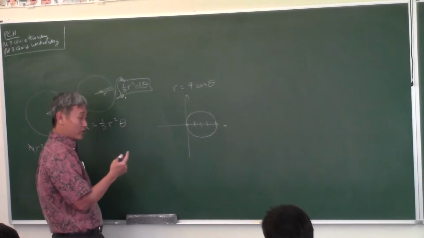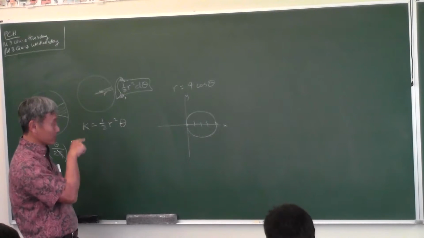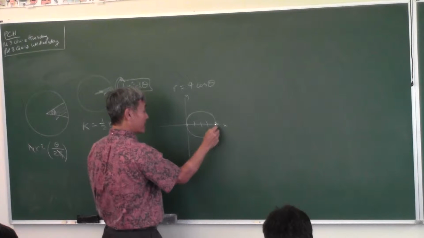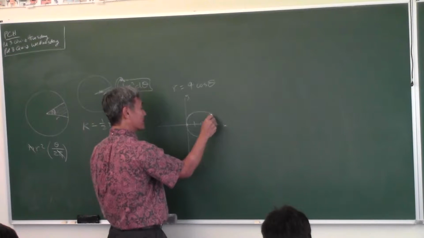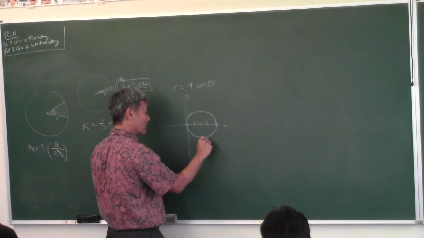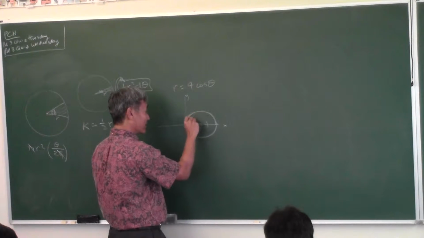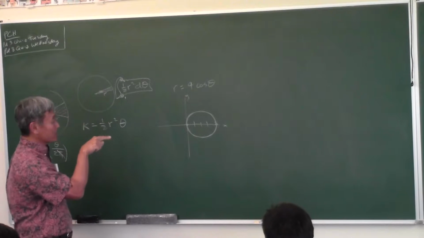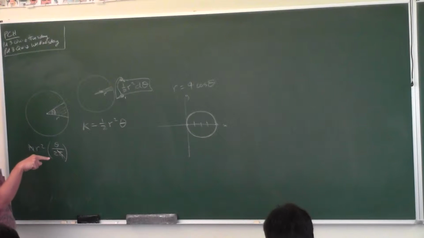And remember, if you graph it from 0 to 2 pi, it actually goes around twice. You know why? Because look, theta is 0 here. Theta is 0 there. Then pi over 2, and pi, 3 pi over 2, 2 pi. So you can actually make the whole circle just from 0 to pi.